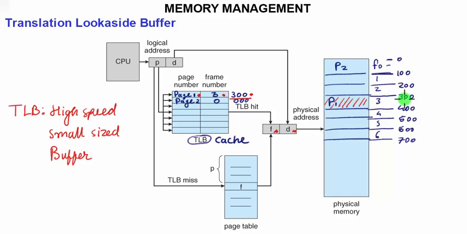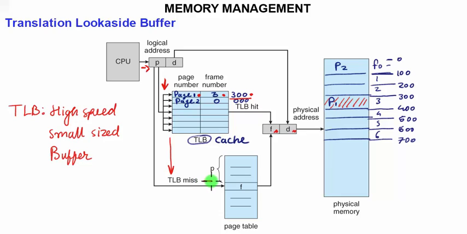In normal terms, when the CPU gives any page number, it is first searched in the translation lookaside buffer. If it is not found, then we technically call it a TLB miss, that is, translation lookaside buffer miss.